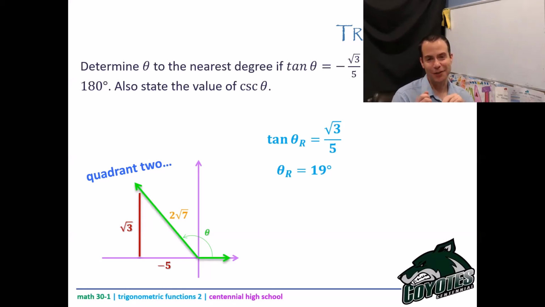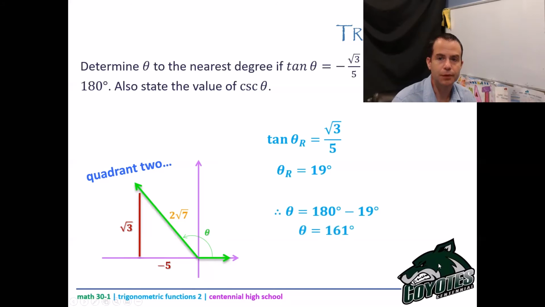Call it inverse tan or arctan, of root 3 over 5, and then you get your 19 degrees. Now, if 19 degrees is right here, theta would be 180 minus the reference angle. And so theta would be 161 degrees. You were also asked to get cosecant.